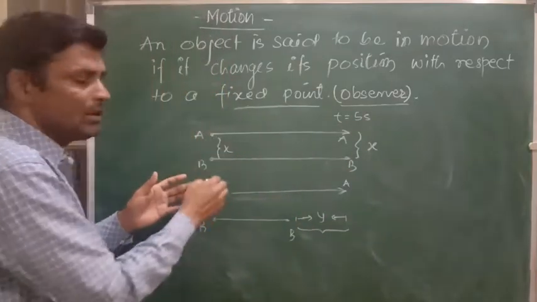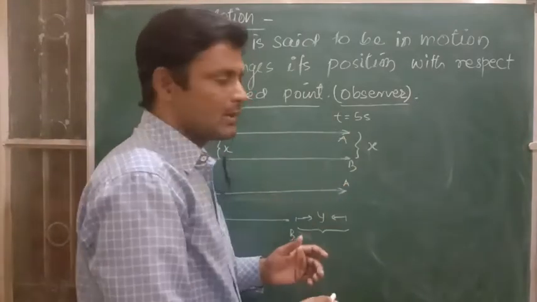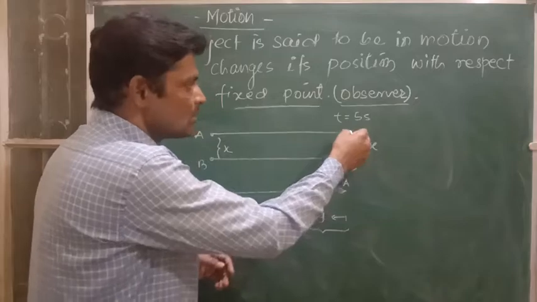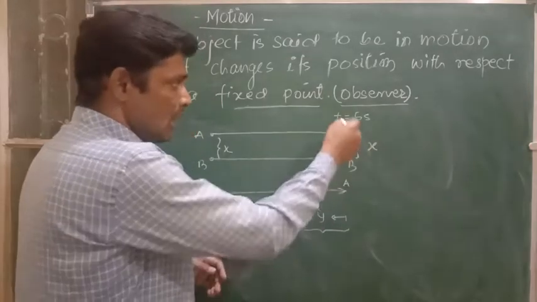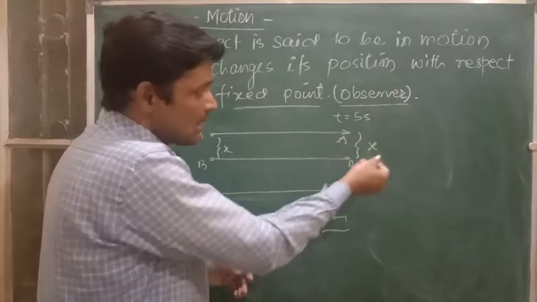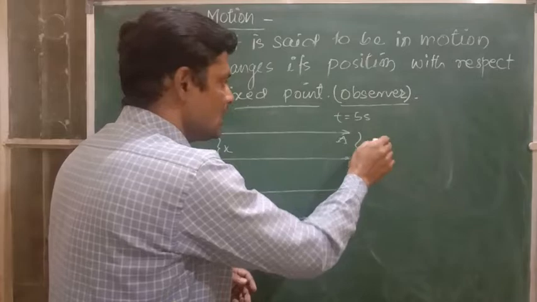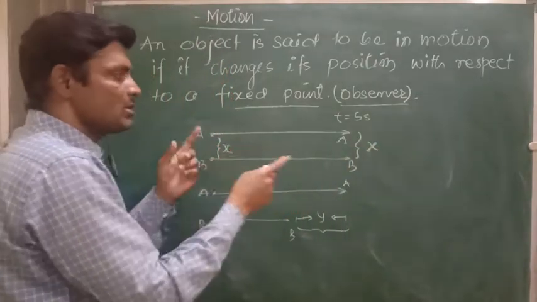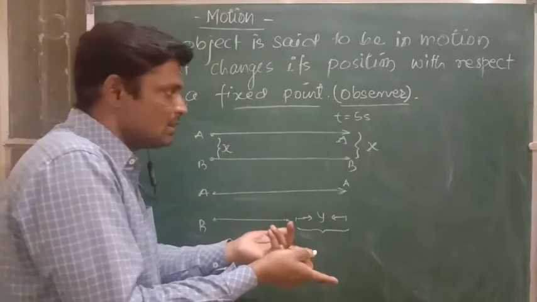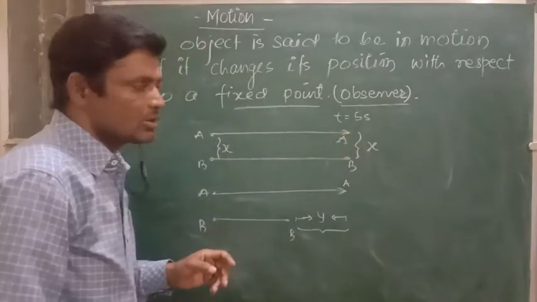Initially we were at a distance of x meter, and finally we are at a distance of x meter. So there is no change in position of these two. When A checks, the position of B is x, and when B checks, the position of A is x. So there is no change in position. The position initially was x and finally it is x. So they cannot say that they are in motion.